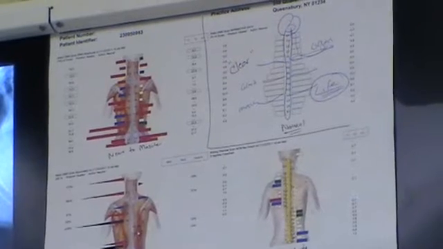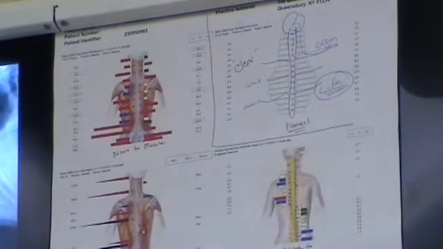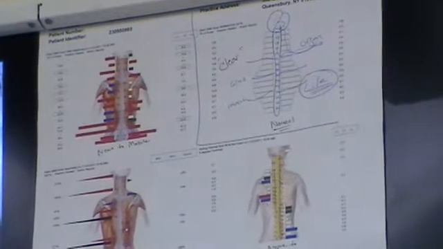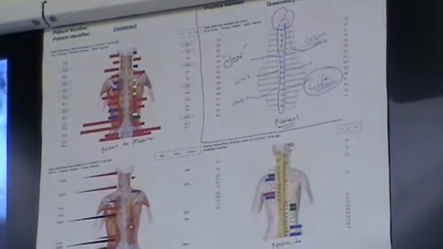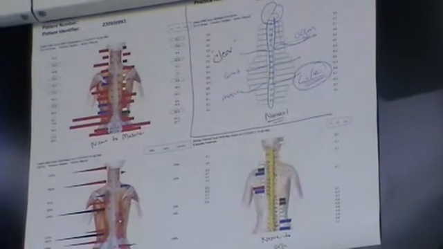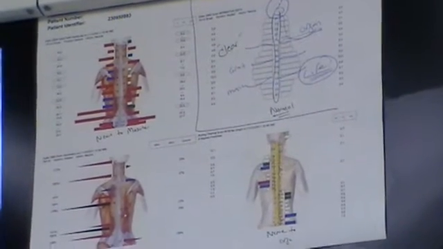So the question is, if there are areas of disconnection between your brain and your body to your muscles, would you expect your muscles to be behaving the way they should? No. So when we look at your x-ray, your head's going in the wrong direction. Your curve is actually curving the wrong way. So what that means is, if your spine is misaligning, we should probably look to what moves the spine, which is your soft tissue, your muscles.